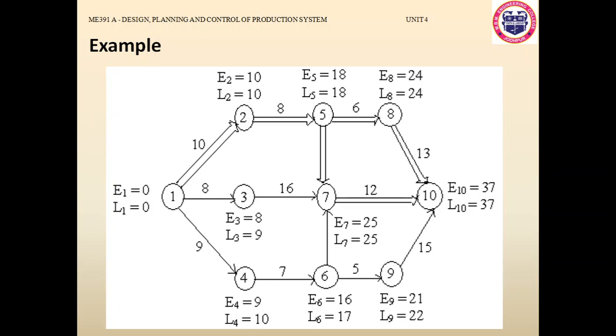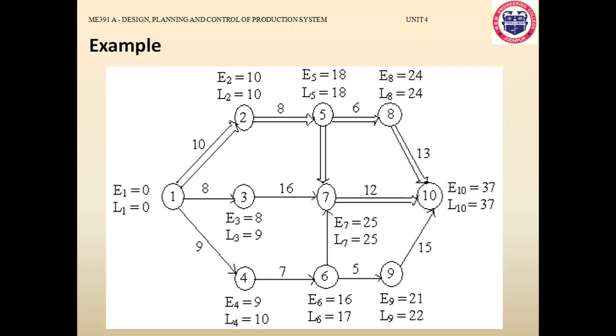Similarly, for other nodes, you can easily calculate the earliest start time by just adding the total process time in the previous event. So here, if you look at node number 6, the earliest start time is the addition of the time required for moving from node 1 to 4 and 4 to 6.